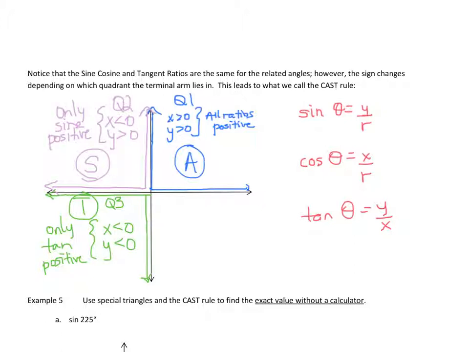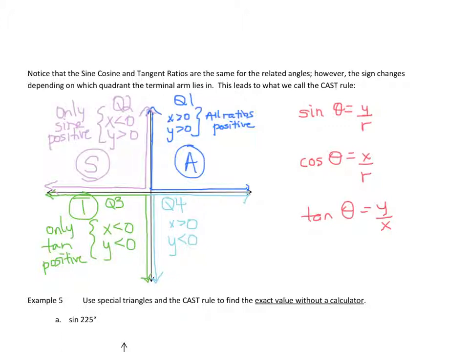And lastly, in quadrant 4, for any terminal arm located in quadrant 4, and any point on that terminal arm, x will be positive and y will be negative.